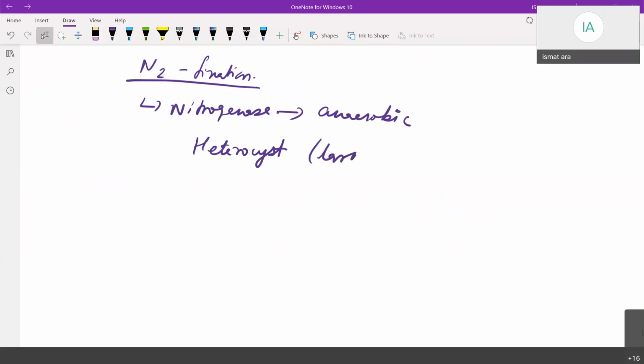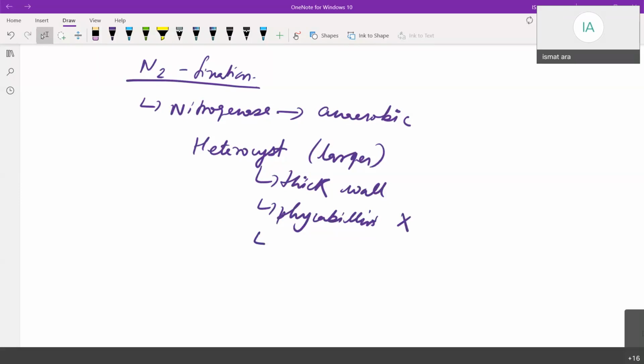They have a larger structure. They have a thick wall. Cyst means always a thick-walled structure. And here phycobilins are absent, and it is pale yellow in color.